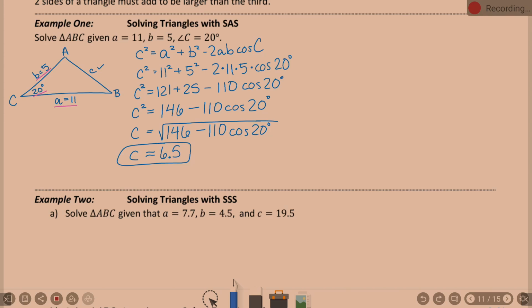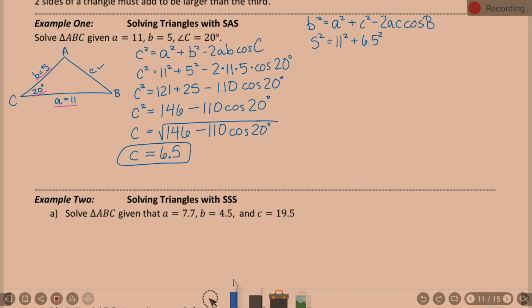So we're going to do the equation of B squared equals A squared plus C squared minus 2AC times cosine of B. Fill in what you know. We know B is 5 squared equals A 11 squared plus C 6.5 squared.